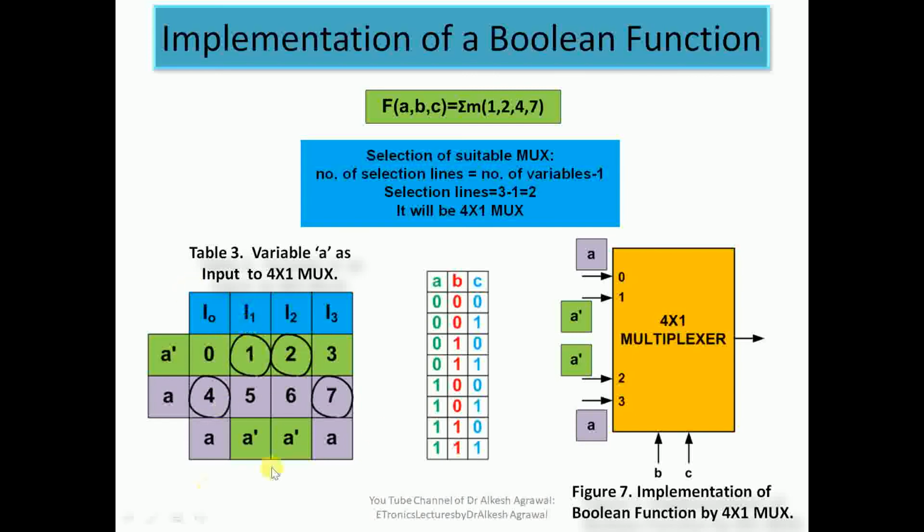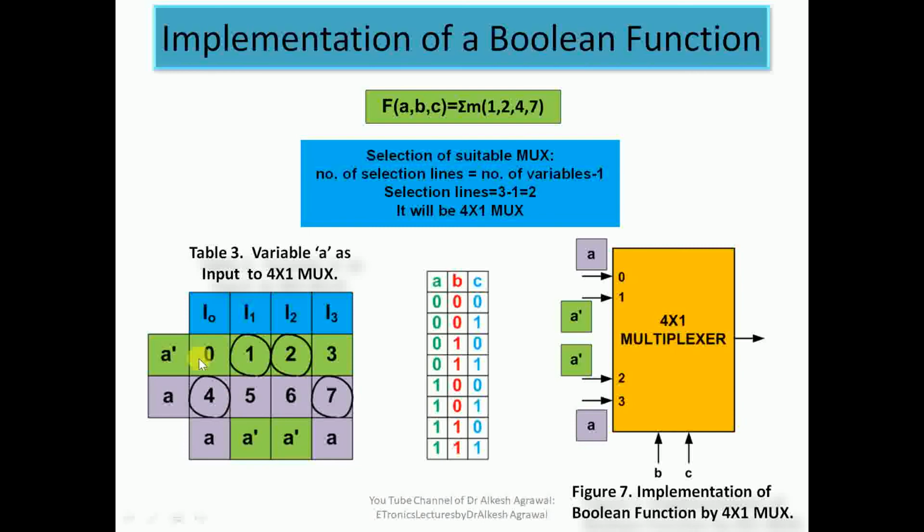Now I have to see column wise. The basic rule is that if in a column both values are encircled, please listen again, suppose this value is also encircled and this is already encircled, so it will be 1. If no value is encircled, it will be 0.